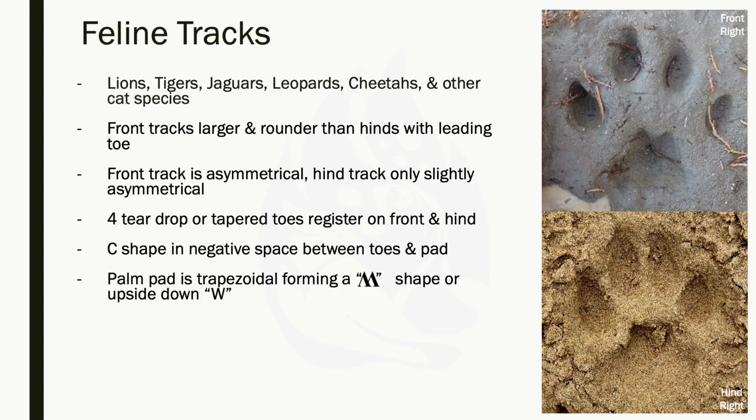And then another really key thing that can make felines stand out from just about any other species is the shape of the palm pad, okay? Felines have what we call a trapezoidal, or some people say an M-shaped palm pad. So if I outline it here with this blue line, you'll see that it forms almost like an M shape or an upside down W, okay?